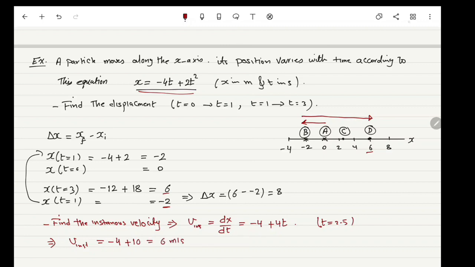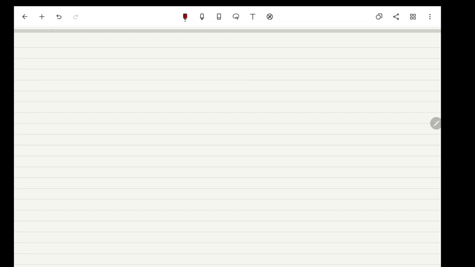Now let's identify the concept of acceleration. Generally speaking, if the velocity of an object is changing, then the object is said to be accelerating. Now we will follow the same strategy to identify the average acceleration.